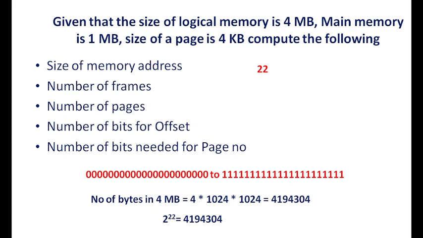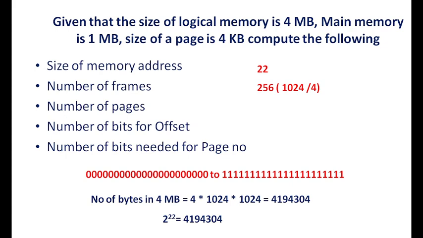So we just have to divide 1 MB by 4 KB. For that we do 1024 divided by 4, because 1 MB is equivalent to 1024 KB. Divide 1024 KB by 4, you get 256 as the answer. That means there are 256 frames available in the main memory of 1 MB.